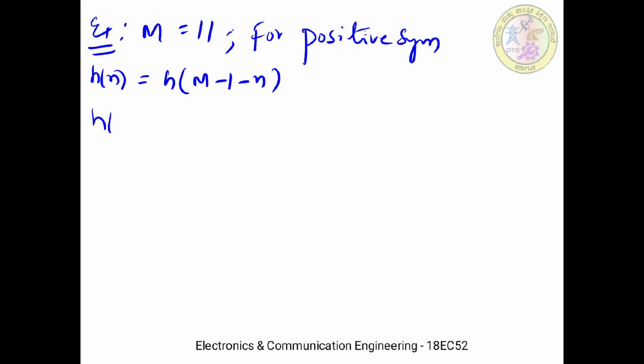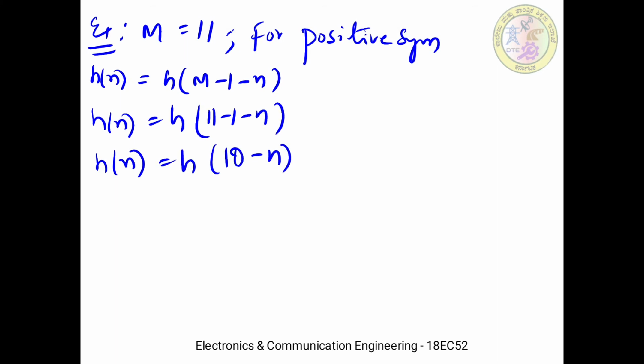Now I'll substitute m equal to 11: h of n is equal to h of 11 minus 1 minus n. Therefore h of n is equal to h of 10 minus n. Now I will go on substituting the different n values.